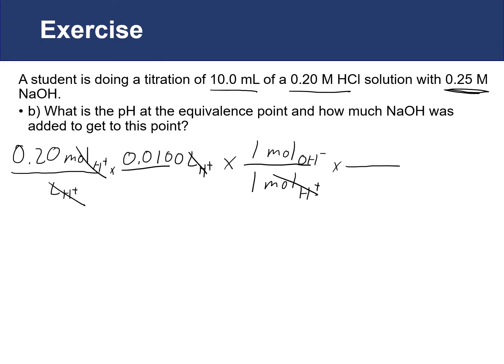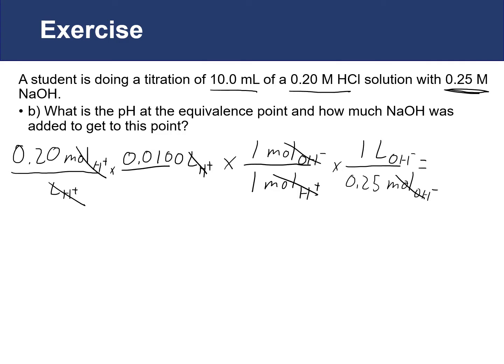So we will have the 0.25 moles of OH- on the bottom per 1 liter of our NaOH solution. Our moles cancel out, giving us liters. So this will tell us how many liters of the sodium hydroxide solution that we need.